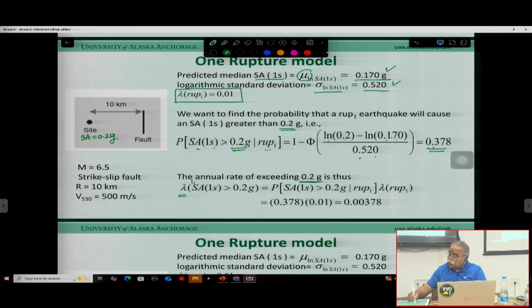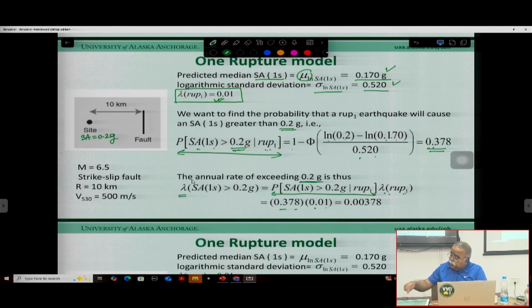Lambda equals the probability, this part I have to use, multiplied by the lambda rupture, and lambda rupture is equal to 0.01. So 0.378 times 0.01 equals 0.00378, right? So that's your rate of exceedance for one fault at that site. This site is at 10 kilometers, which we used in our BJF model, and then we can directly calculate that.